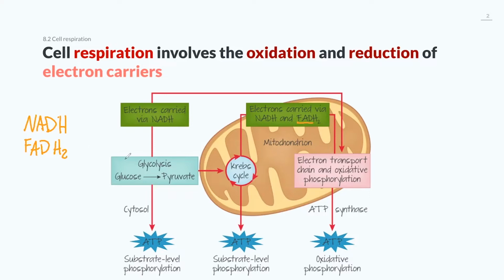These molecules are known as electron carriers because they will receive a hydrogen with a pair of electrons, and these electrons will be carried to the electron transport chain. So the energy of these electrons can be used to power the production of ATP.